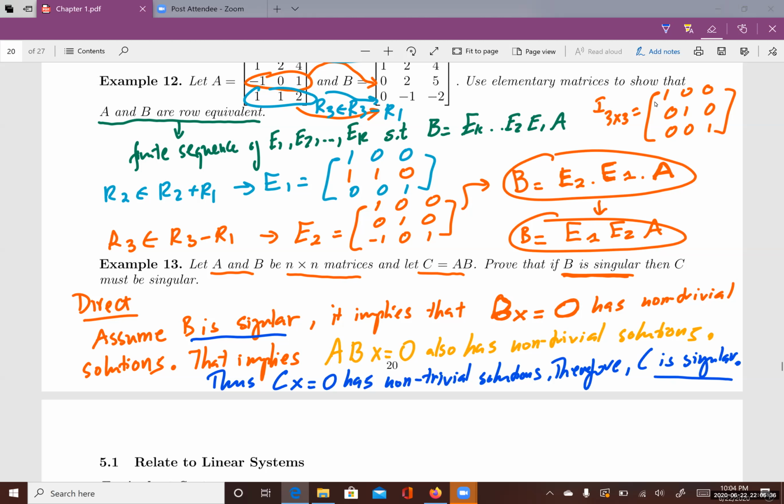And because A times B equals C by the assumptions that we have, then the system Cx equals 0 has a non-trivial solution. Because the system has a non-trivial solution, C has to be singular.